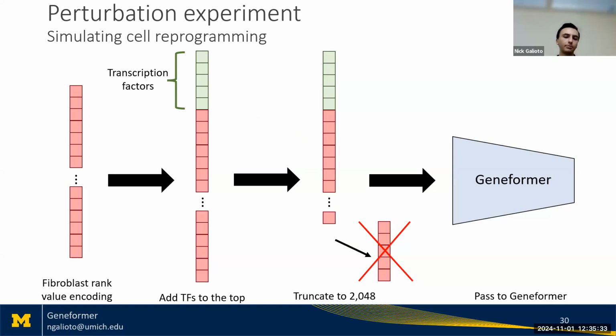So we add that to the top of the rank value encoding, and then again truncate, so it's still 2048, the length needed for the architecture, and then feed that through the Geneformer and look to see how the embedding changes or shifts between the unperturbed input and then the perturbed input.